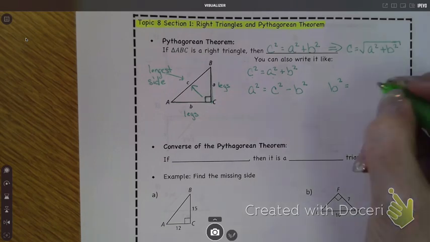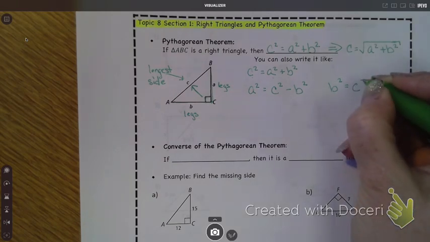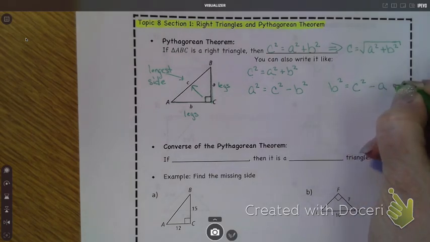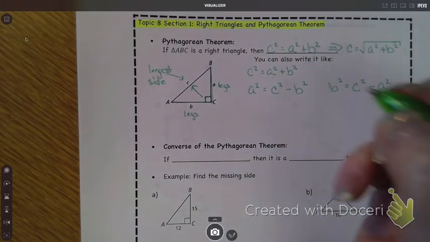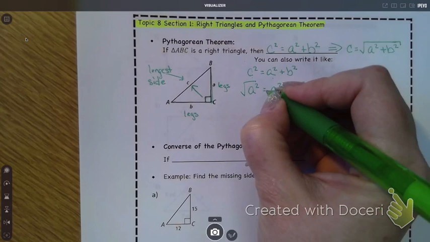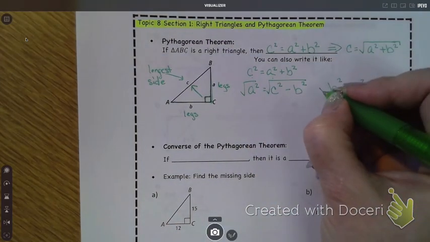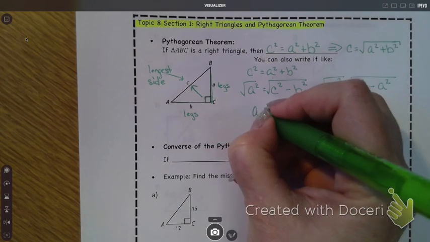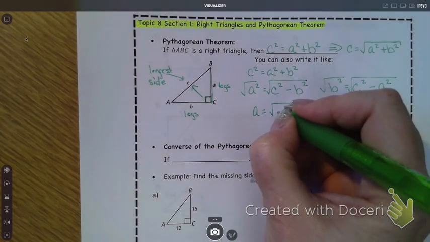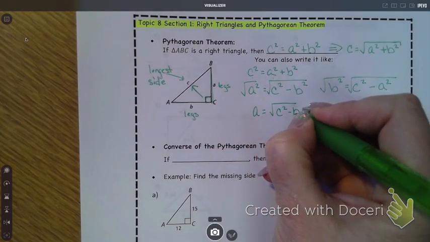It'd be C squared minus A squared. And what do I need to take of both of them? The square root. So A would equal the square root of C squared minus B squared.